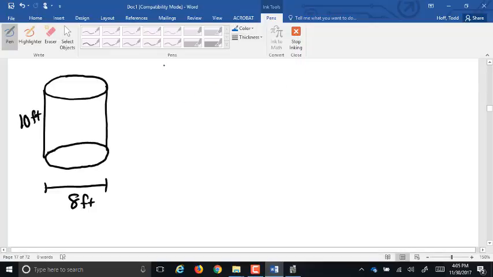To find the surface area of this, I'm going to find the area of the base. Well, the area of the base is just a circle. So that's pi times, what's the radius? Four feet. Good. The diameter was 8, so the radius will be 4.